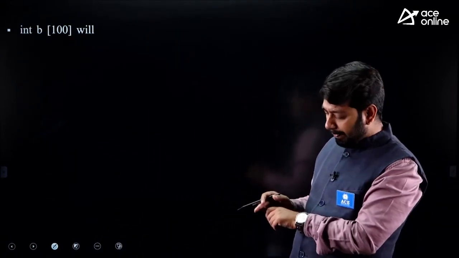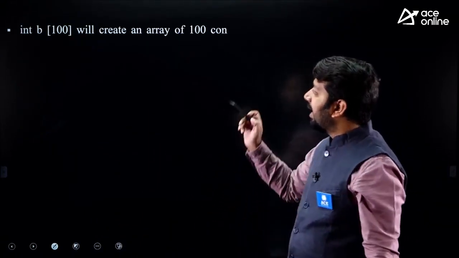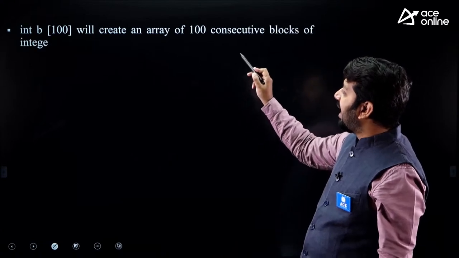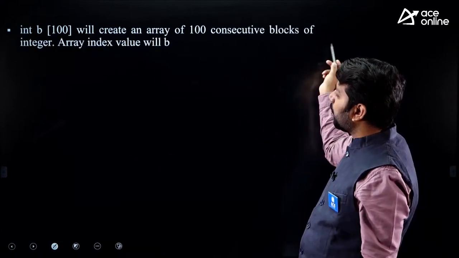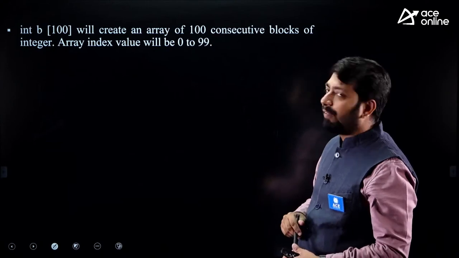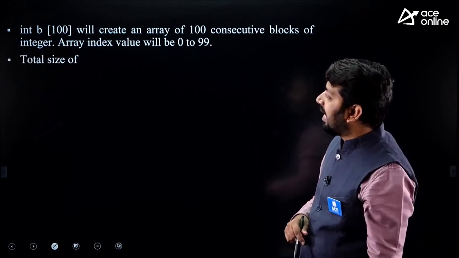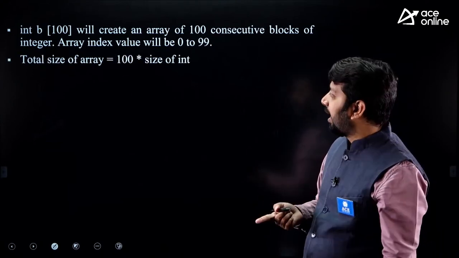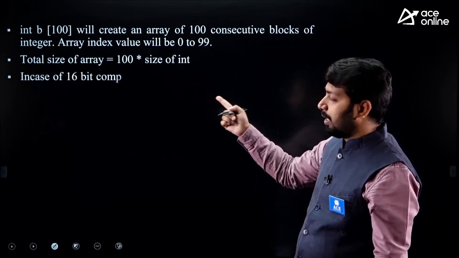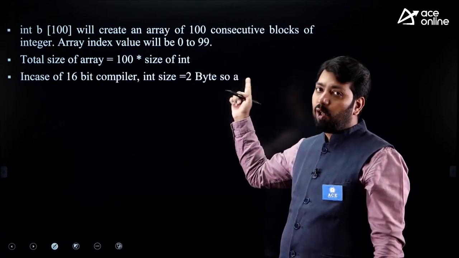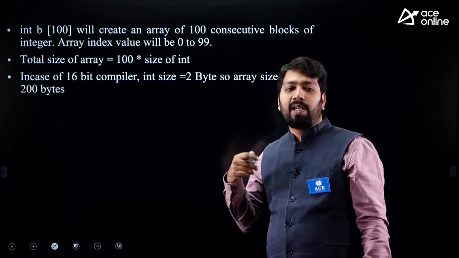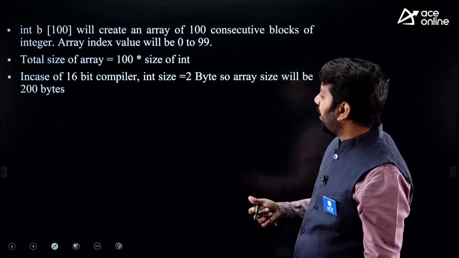Answer should be 100. So int b[100] will create an array of 100 consecutive blocks of integer. Array index value will be 0 to 99. Total size of the array is 100 multiplied by size of int. I have not written 2 or 4 because it will depend on the compiler. Fine.